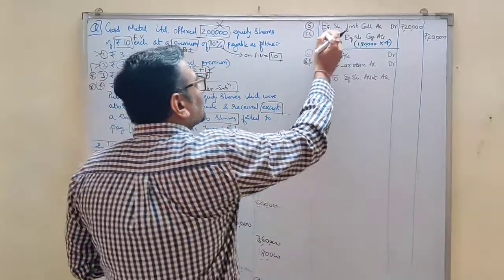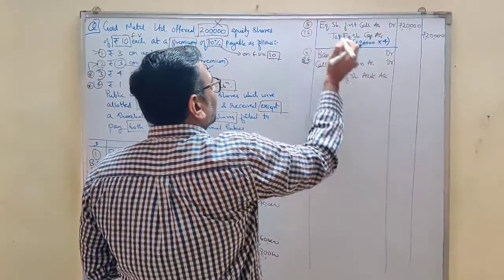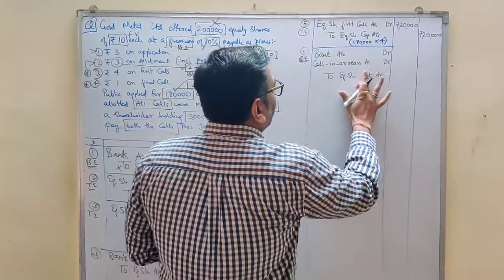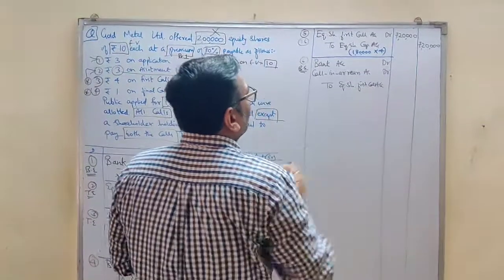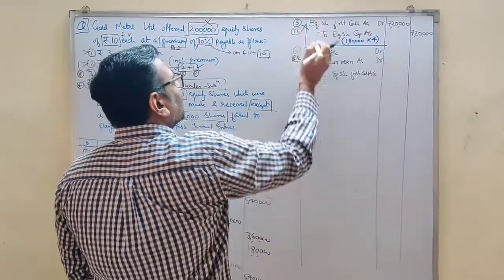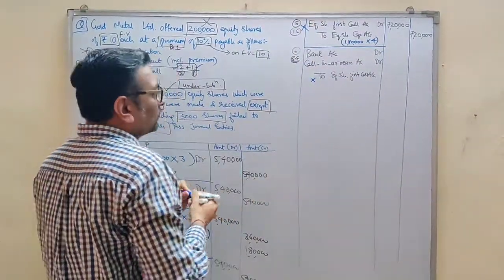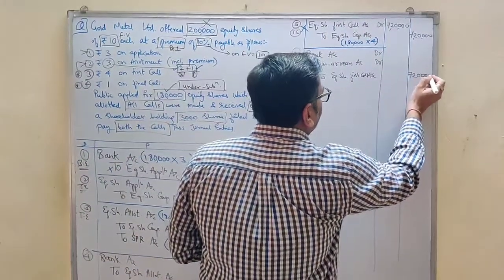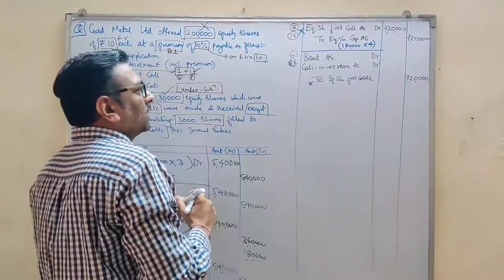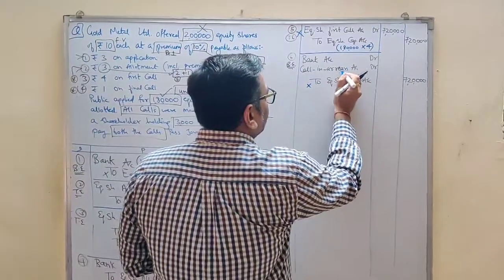I want to close this allotment ka account. Equity share first call account. I want to cancel this first call ka account. So I have to write same amount to cancel. That is 7,20,000.